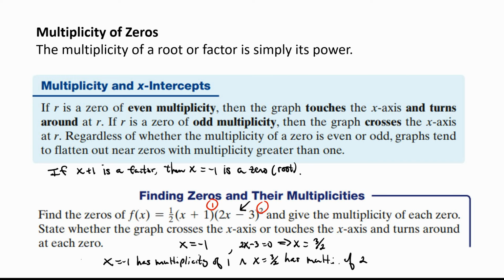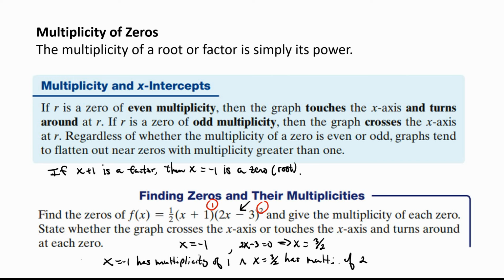Now look at the statement. If R is an x-intercept of even multiplicity, then the graph touches the x-axis and turns around at R. Now that's some good jargon, but I'm going to try to draw it out so you can see it.